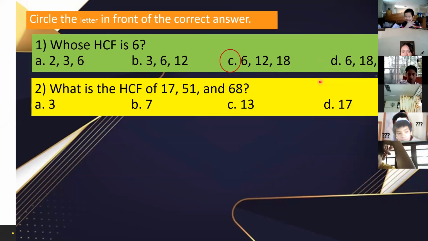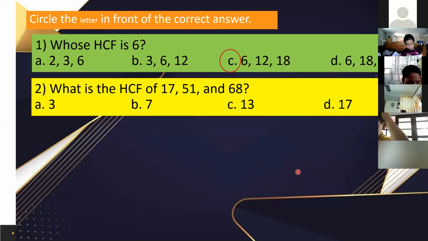Okay, next. Number 2. What is the HCF of 17, 51, and 68? Okay, start.